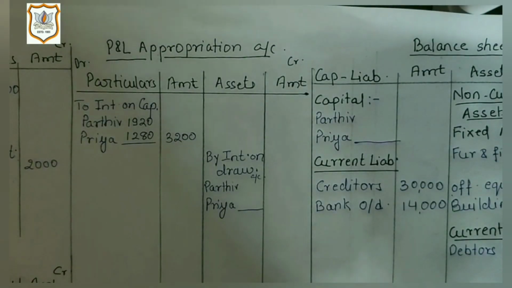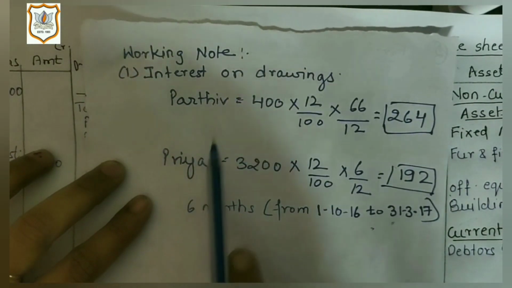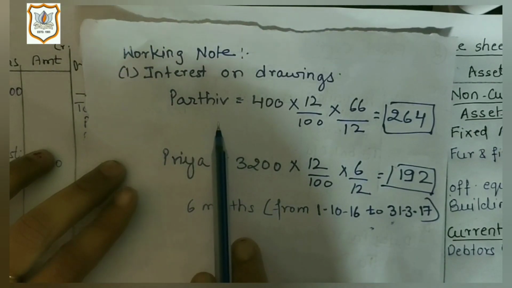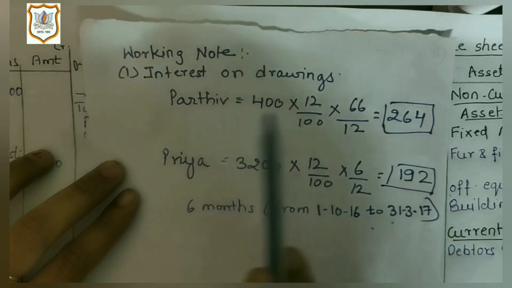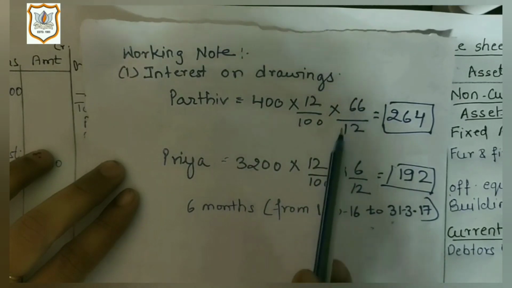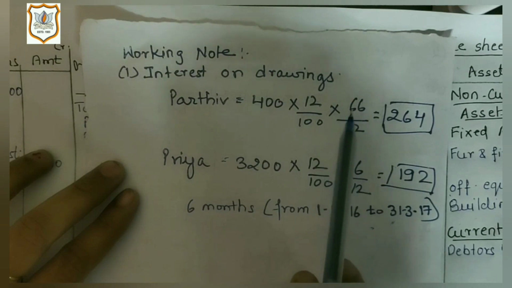Now next adjustment is interest on drawing, rate is given 12%. So let me show you calculation for this. See, Parthiv had withdrawn 400 at the end of each month. That's why we will take 66 upon 12, since it is given in question that he is withdrawing at the end of each month.